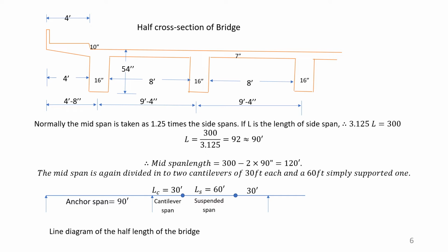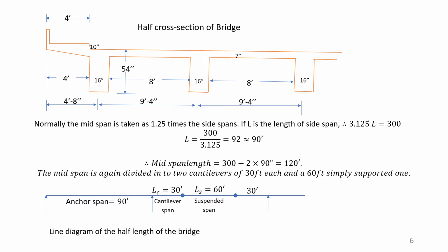And this is the half cross section of a bridge, where the simply supported span is there, and you have learned this sort of thing in the 60 feet simply supported bridge, and this is the part of the simply supported one as the middle span, and the other portion of the bridge will be different from this part, near the support.